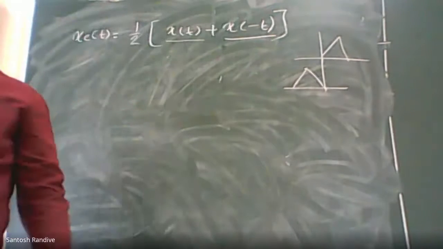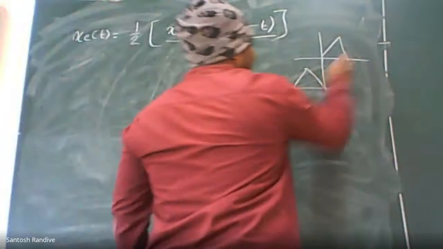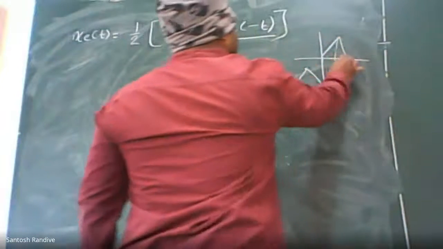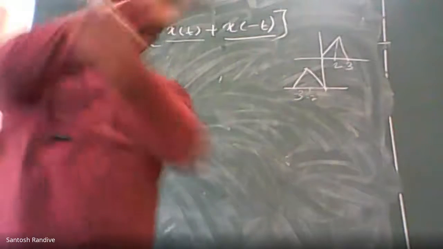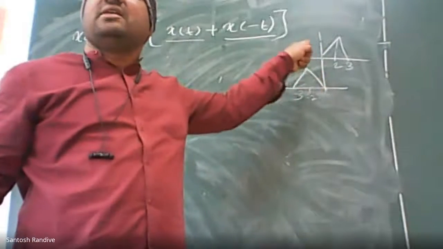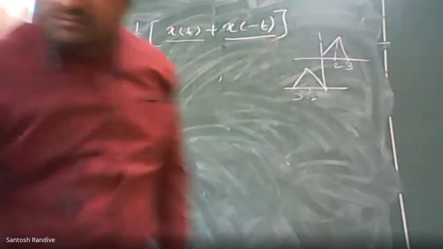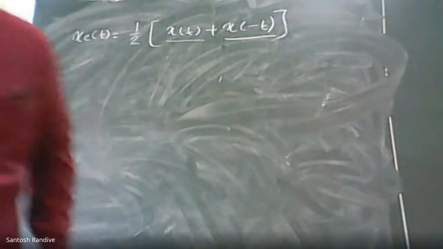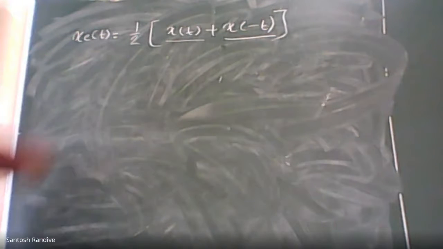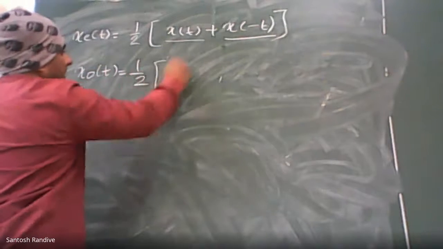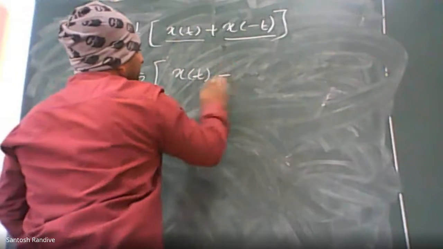If here it was 3, what will it be there? If at the center it was 2, what will it be there? It is just a folding, a mirror version about the origin. This is called the even component of the signal, and the odd component is 1 by 2 of x of t minus x of minus t.